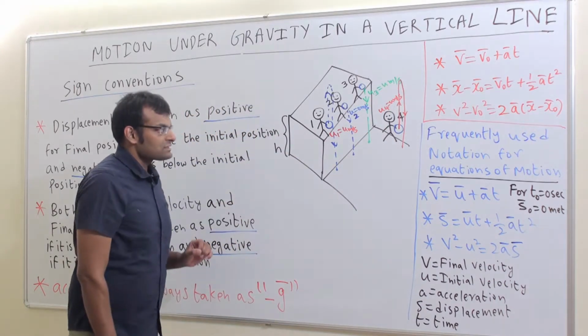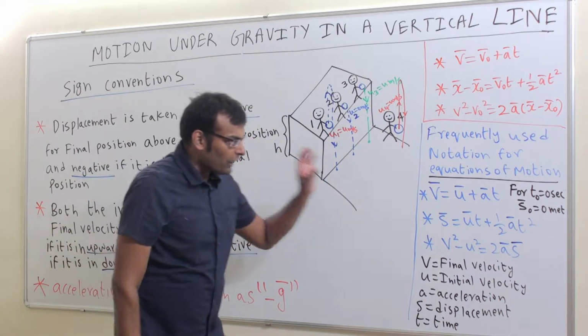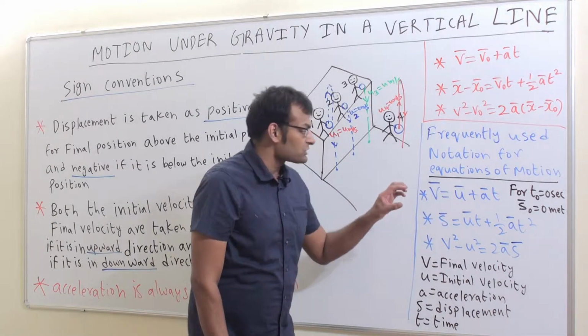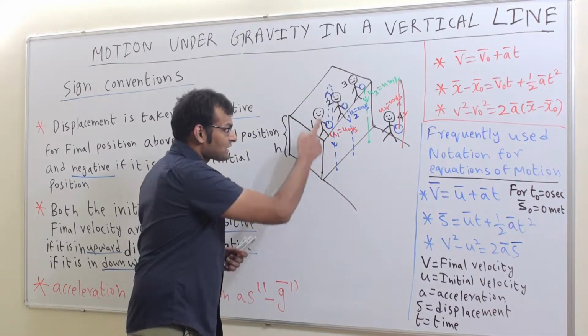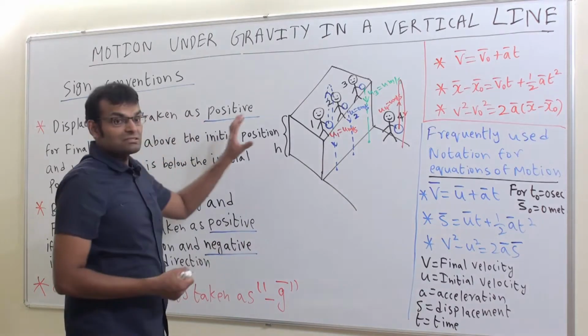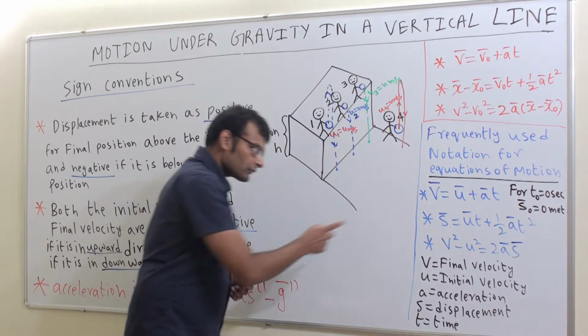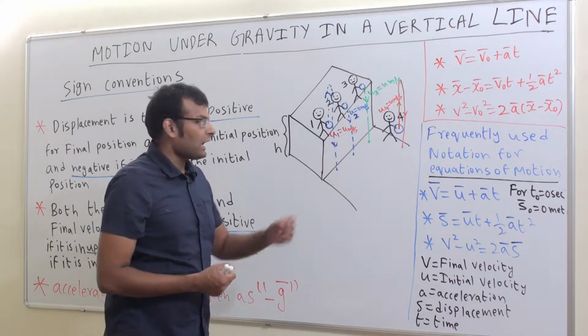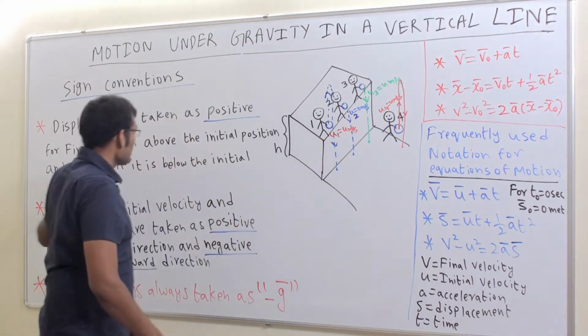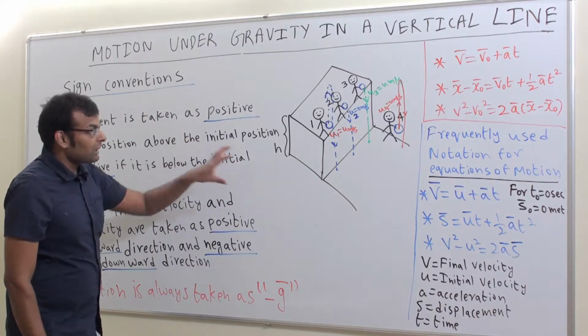So these are the four cases. Now I will take one equation from our equations of motion and apply it to each case by applying these sign conventions to it.